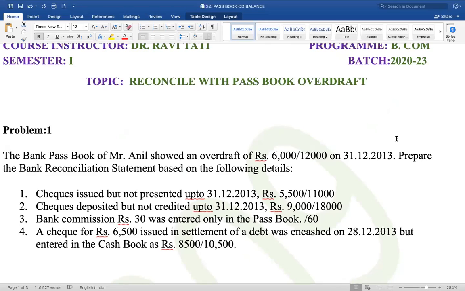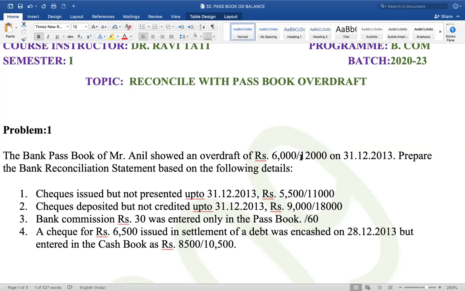Till now I have been showing you a simple matrix wherein, without thinking anything, you straight away use the matrix and drop the amounts. Now, this problem I'll show you with logic. The matrix you are using is a product of logic. There's a logic behind those additions and subtractions. So we'll go by logic today to prepare the BRS.